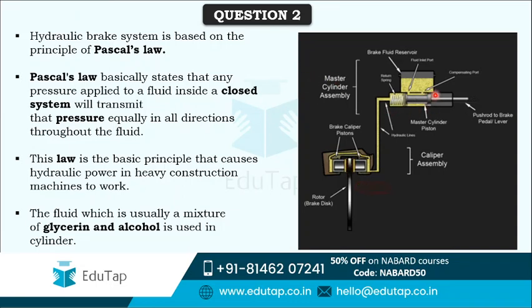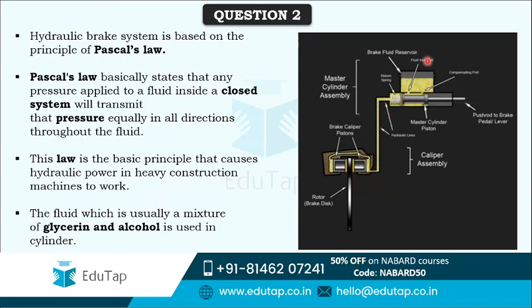As you can see, here is the tank, and this fluid is exerting pressure on this, and due to this pressure the brake or caliper pistons will move. In this way, the hydraulic brake system works. And this law is the basic principle that causes hydraulic power in heavy construction machines to work.